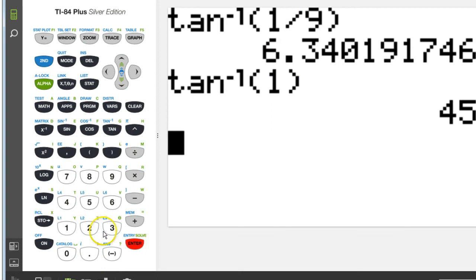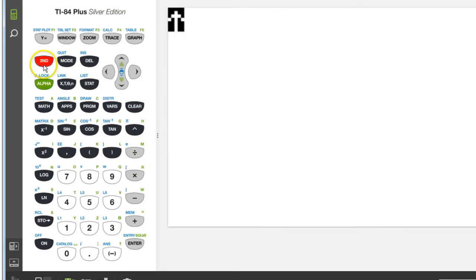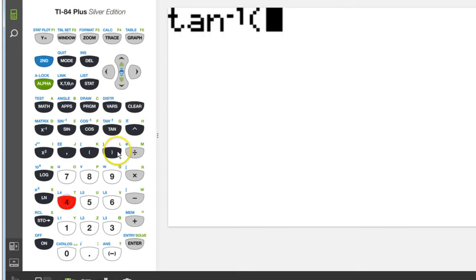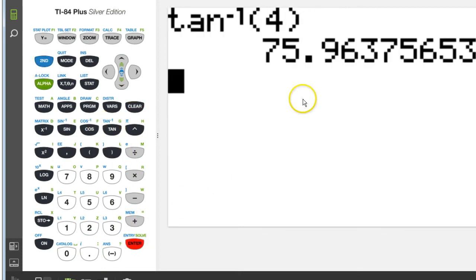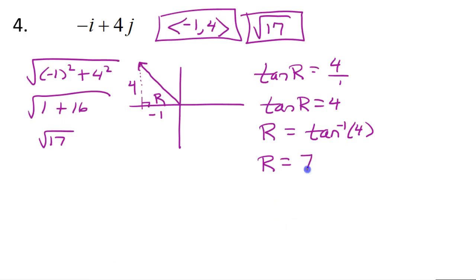So let's check the calculator. 75.96. Okay, now the actual angle has to be measured from the positive x-axis.